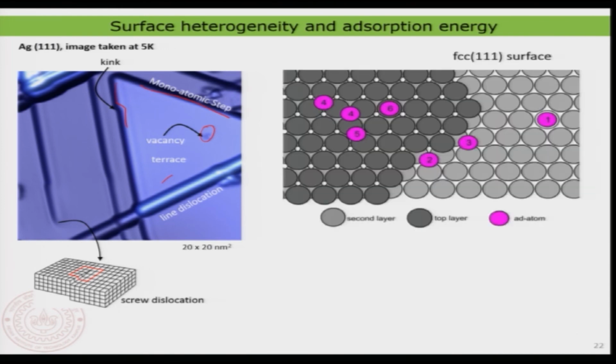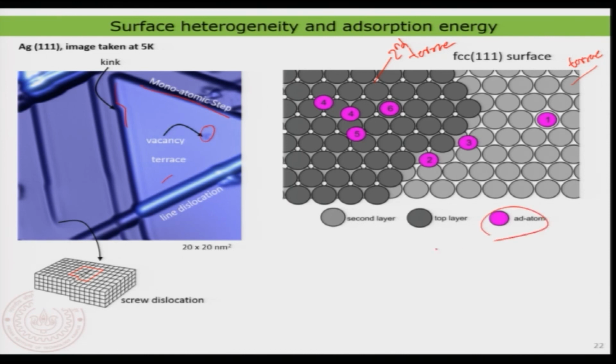So, this is a schematic of two surface layers. So, this is the first terrace, and this would be the second terrace. Yeah. So, these are the two different terraces, and now you can see if I would adsorb atoms.